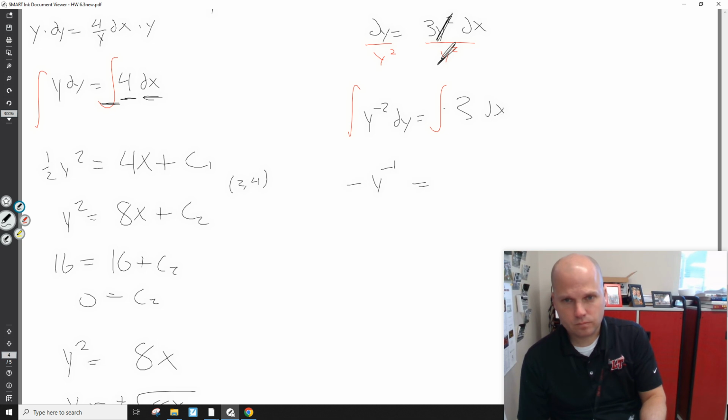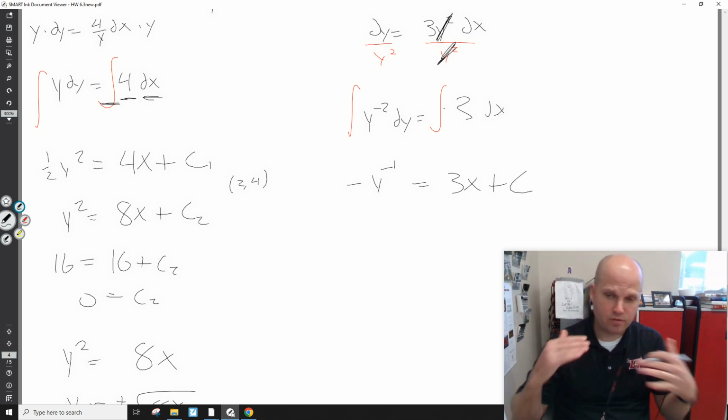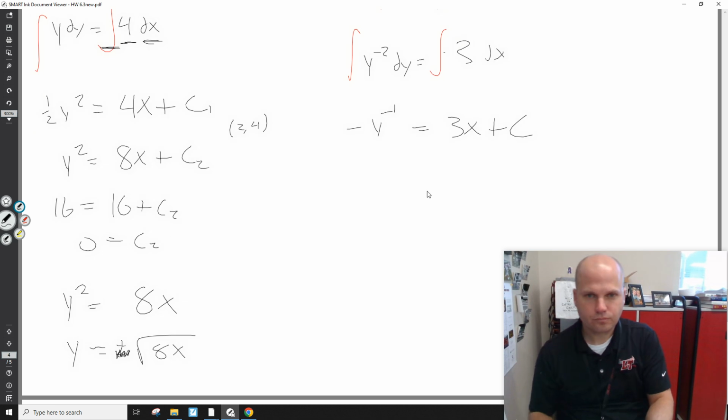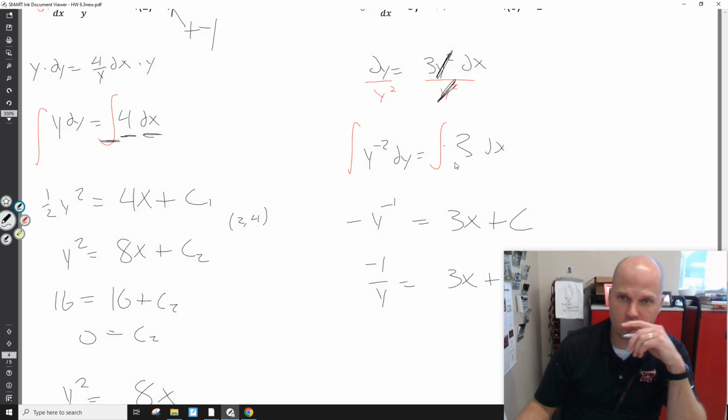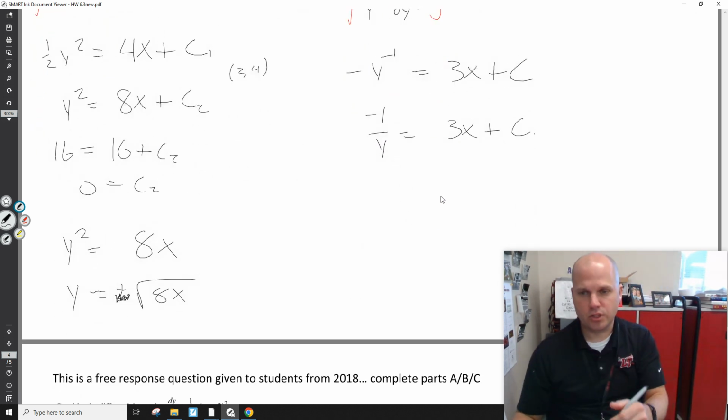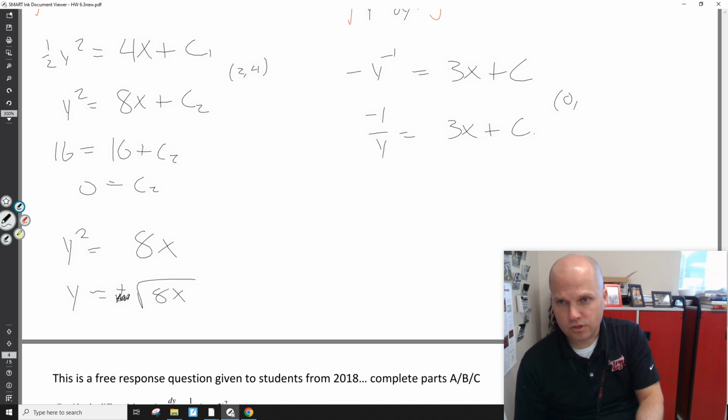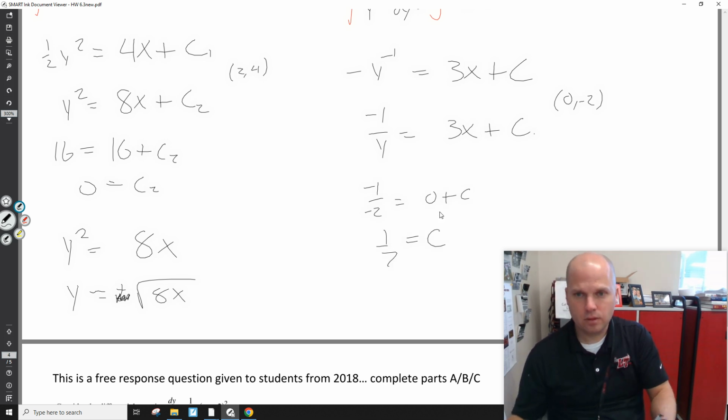Antiderive. The antiderivative of just 3 is 3x. Maybe rewrite. We haven't changed c yet. This is still c1. F of 0 is negative 2. I don't see a problem plugging in now. C has to equal 1/2.